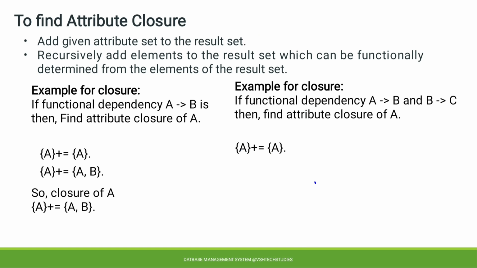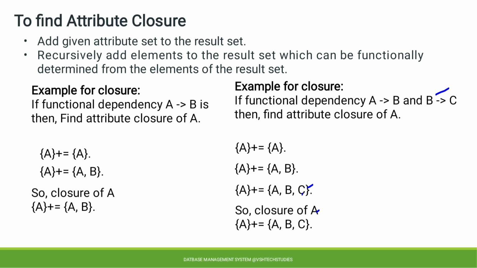Attribute A is there in the result set. From the given functional dependency, A determines B, hence B must be added to the result set. Now in the result set, B is present. By the given functional dependency, B determines C, hence C is added to the result set. The closure of A is the set of attributes A, B and C.